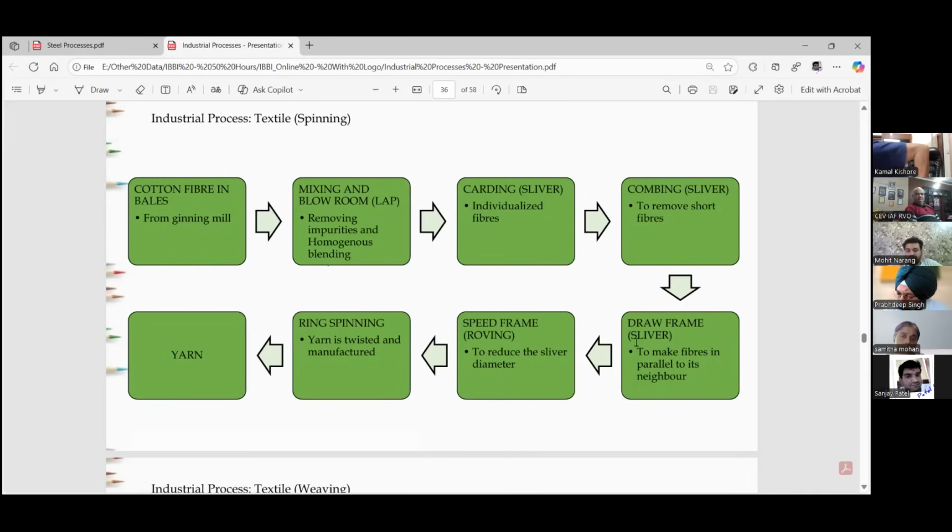We are mixing the cotton slivers and reducing their diameter. So a number of slivers come together, the diameter reduces, to convert into the yarn, and strength will be increased. Then it goes to the speed frame where there is further reduction of the diameter. So you are getting the strength.